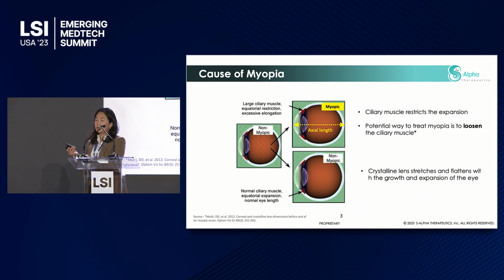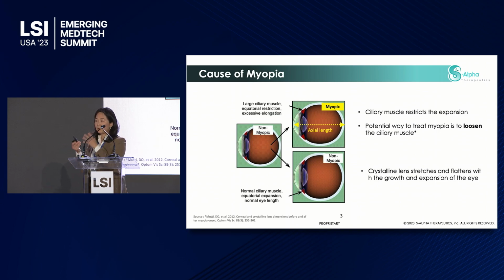But if the children stay indoors doing more near work, like reading books and doing work close to their eyes, the ciliary muscles become tense and less flexible. If that happens, when the eyes start to grow, that tense ciliary muscle restricts the growth of the eyeball, causing the eyeball to grow longer than it should.